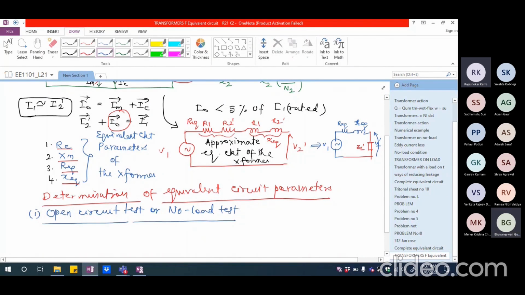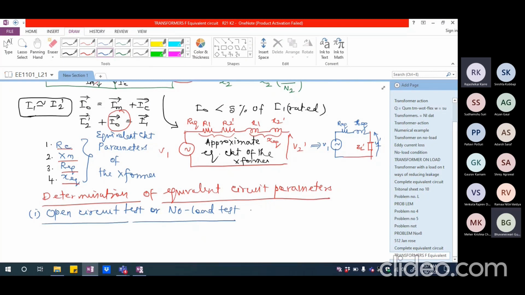In all probability, I will not be able to load the transformer fully to 500 MVA. Then I would really need massive resistances and massive reactances, which would be able to dissipate so much power, 500 megawatts of power. And it is a wastage of power.